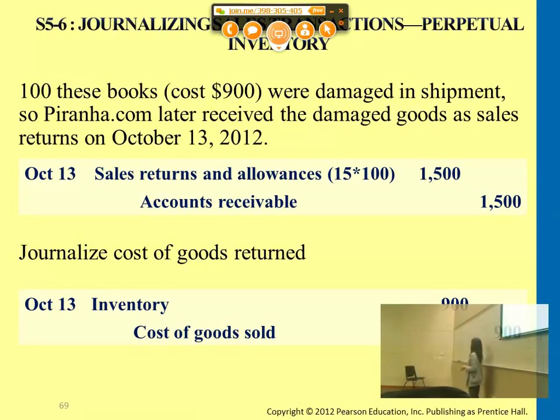It serves as a contra account, reduces sales revenue. At the same time, accounts receivable is being reduced because this is an allowance to the customer. They will not be paying this damaged goods amount. Okay, so later on, the accounts receivable will be reduced from them. It will not be $37,500, but that amount minus $1,500.